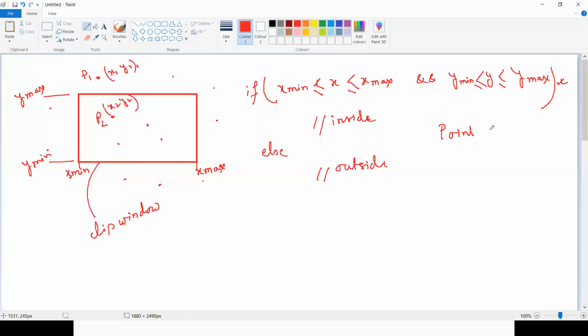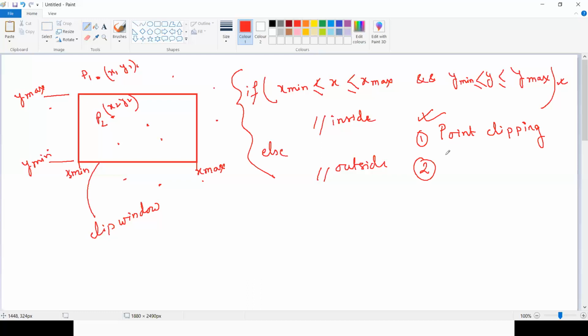As I told you, there are different clipping algorithms we will discuss. The number one is point clipping. You can check the position of the points, whether the point is inside or outside of the clip window, by using this particular section of code. Now there is another type of clipping where we will check for the line.